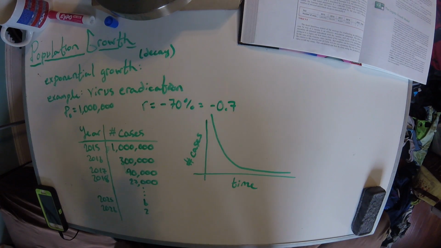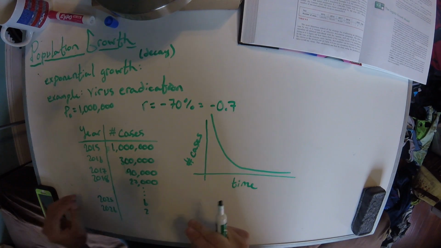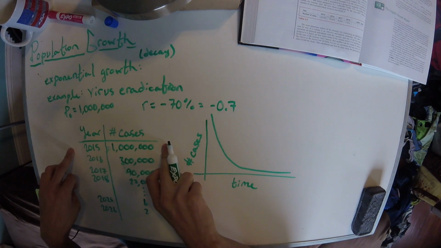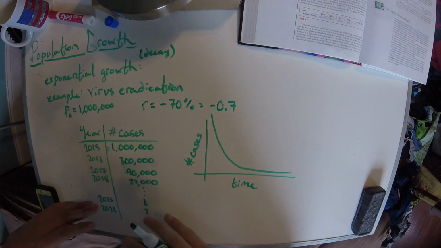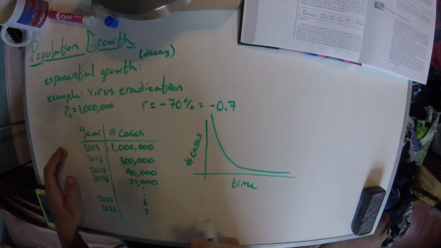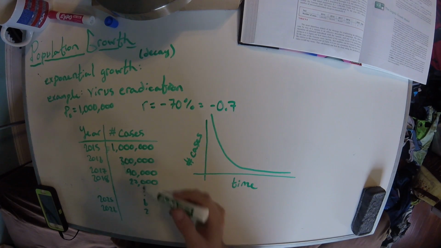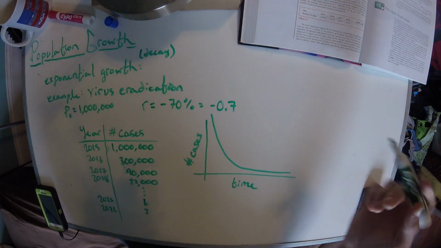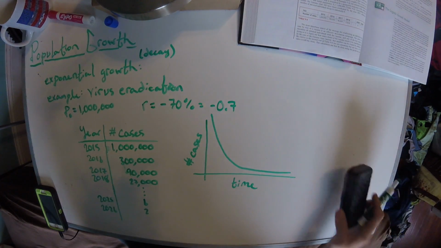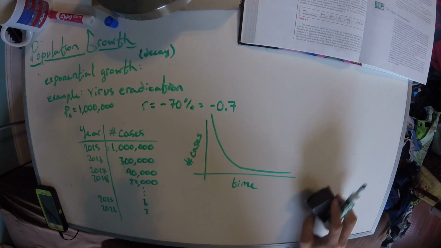Let's say that the vaccine being used to eradicate this disease needs to be given annually to every person who is exhibiting symptoms of the virus.